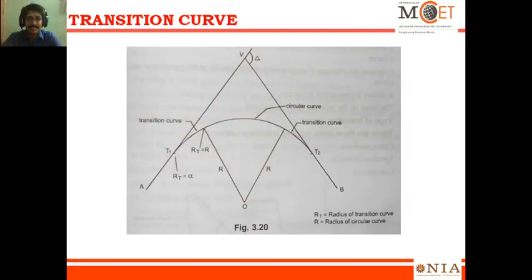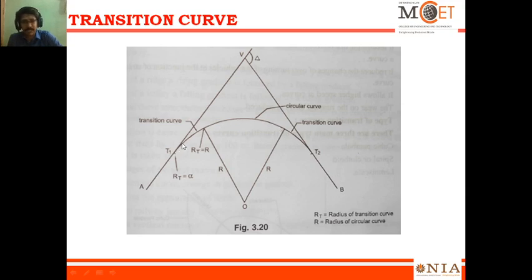Next is the transition curve. What is a transition curve? You should remember, the diagram looks the same as the simple curve, same deflection angle, intersection point, T1, T2, the straight tangents A, B, and the origin of the curve with the radius R. But apart from that, this portion is along the circular or simple curve.